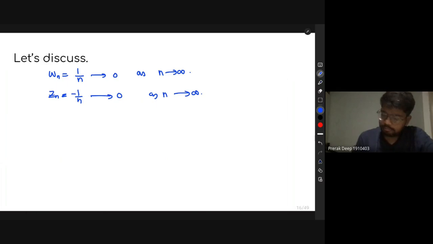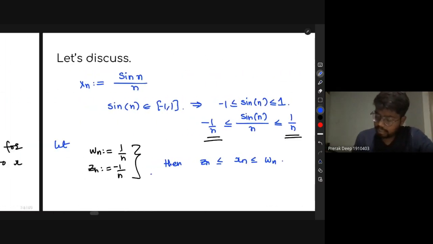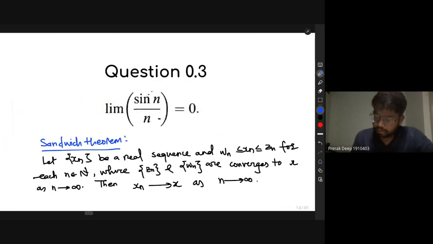Now we use the sandwich theorem. What does the sandwich theorem say? That if I have a sequence sandwiched between two sequences whose limits are the same, then my original sequence also converges to the same number.